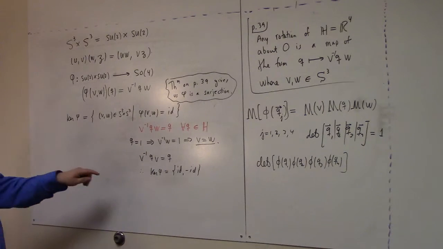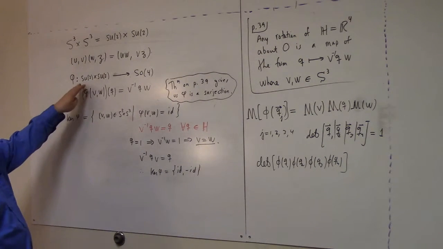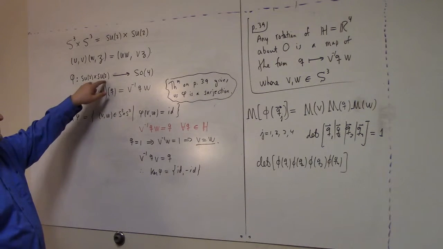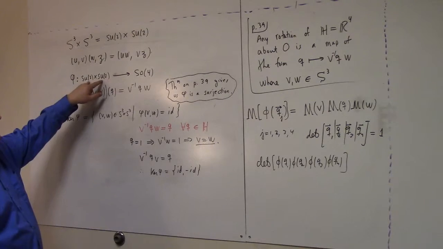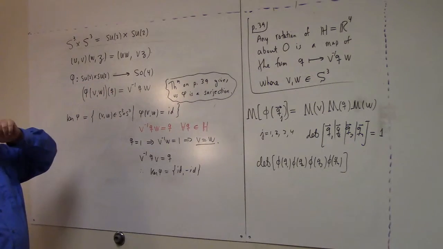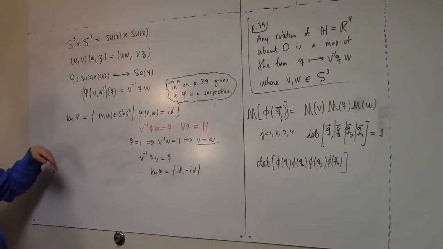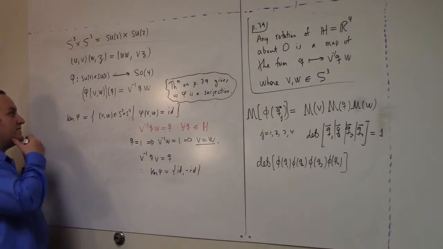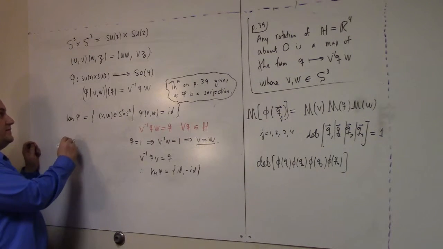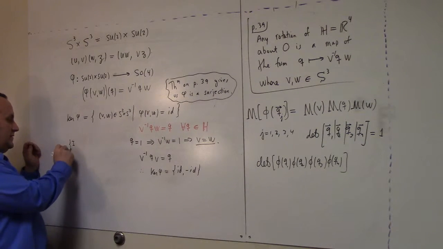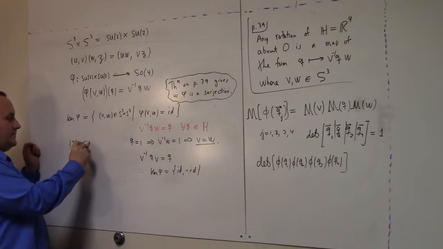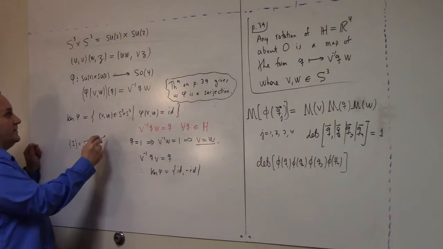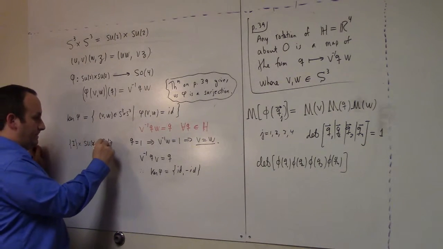So this means that this homomorphism is a 2-to-1 map. There's 2 different points in here which map to 1 point in here. And you can use this to prove that SO4 is not simple, because a non-trivial normal subgroup would be something like, if you take, say, for example, the identity matrix crossed with SU2, you can prove that that's a normal subgroup of SU2 cross SU2.